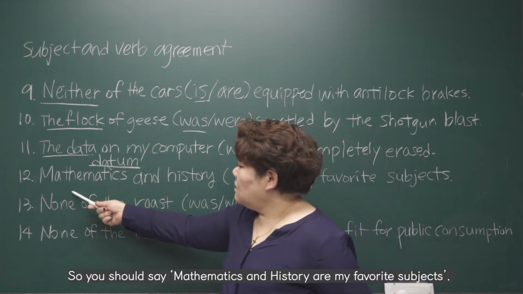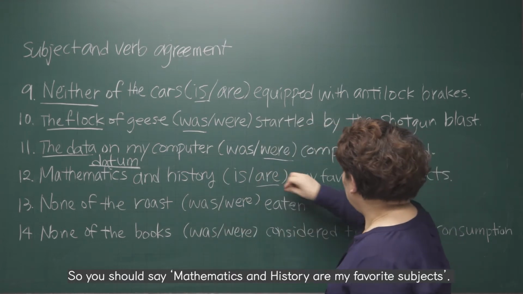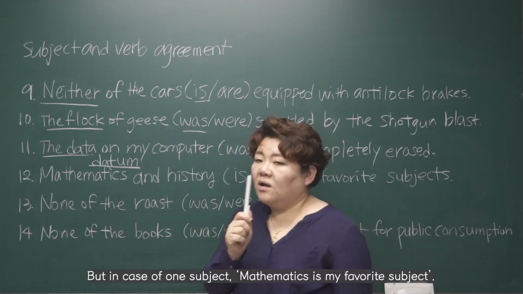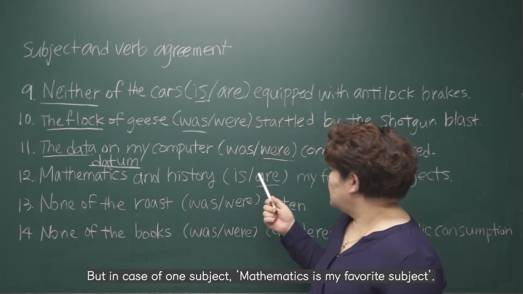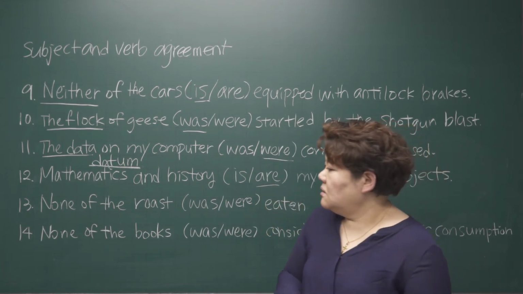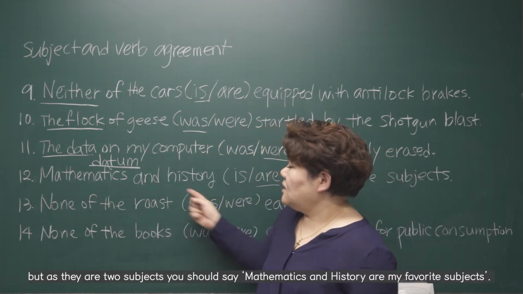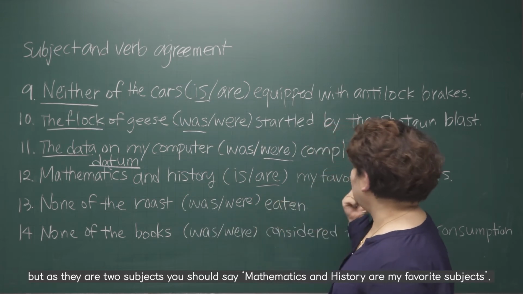You should say mathematics and history are my favorite subjects. But for one subject, in case of mathematics, is my favorite subject. Okay? One subject is singular, but as they are two subjects, you should say mathematics and history are my favorite subjects.